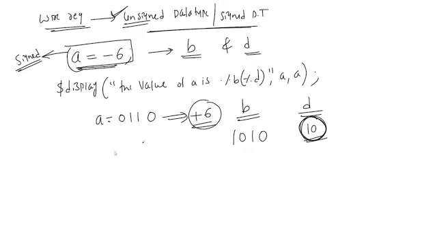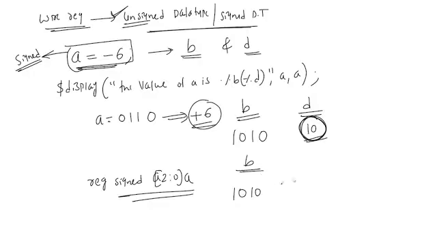If it is a signed number, we need to declare it as reg signed, and declare a with 3 bits, that is 2 down to 0 a. When you declare this, it will be displayed in 2's complement in binary, that is 1010, and in decimal it will display -6.